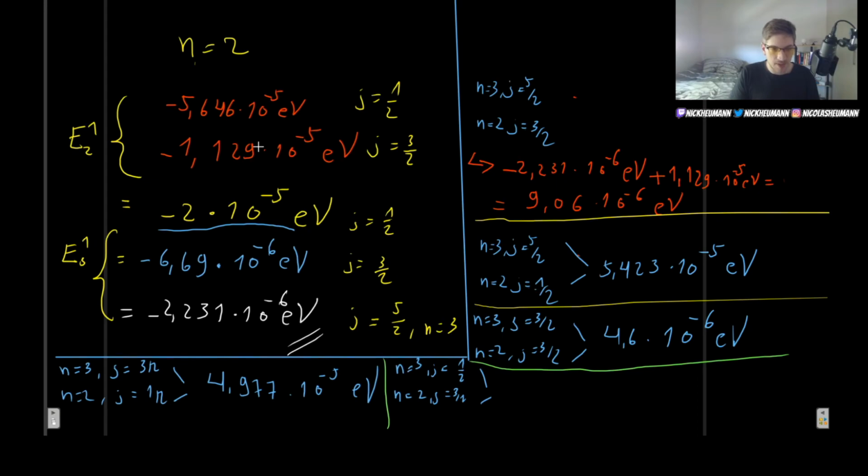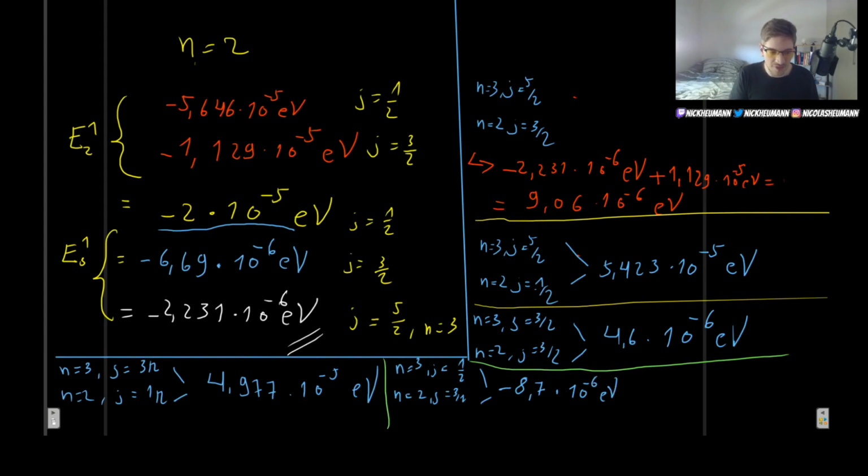So there we have minus 2 exponent minus 5 plus 1.129 exponent minus 5. All right, let me double check that I did this correctly. So minus 2 exponent minus 5 plus 1.129 exponent minus 5. All right, so this time we get a negative. We get minus 8.7 times 10 to the minus 6 eV.